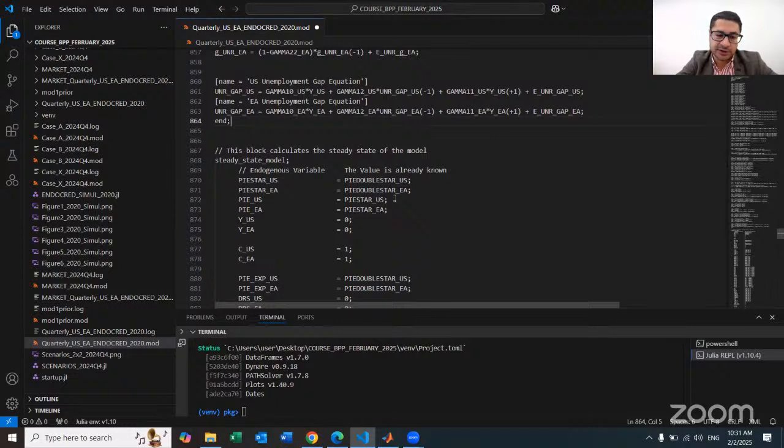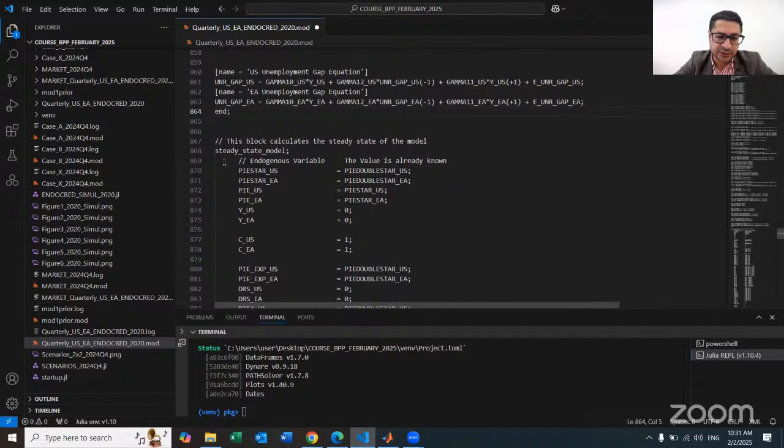So we will not need to have the steady state model block because all the values of variables are zero. But here we need to define the steady state model.